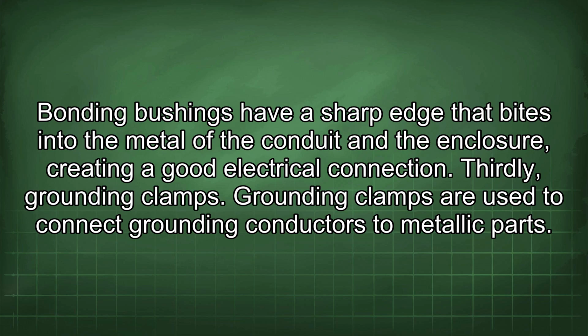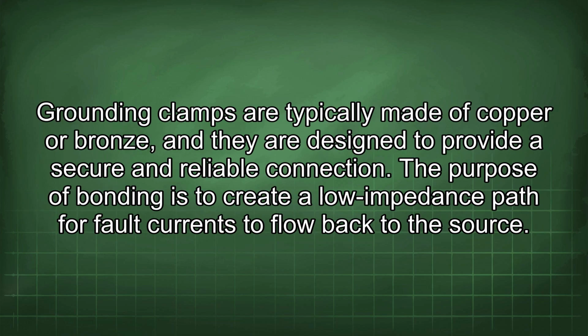Bonding bushings have a sharp edge that bites into the metal of the conduit and the enclosure, creating a good electrical connection. Thirdly, grounding clamps. Grounding clamps are used to connect grounding conductors to metallic parts. Grounding clamps are typically made of copper or bronze, and they are designed to provide a secure and reliable connection.